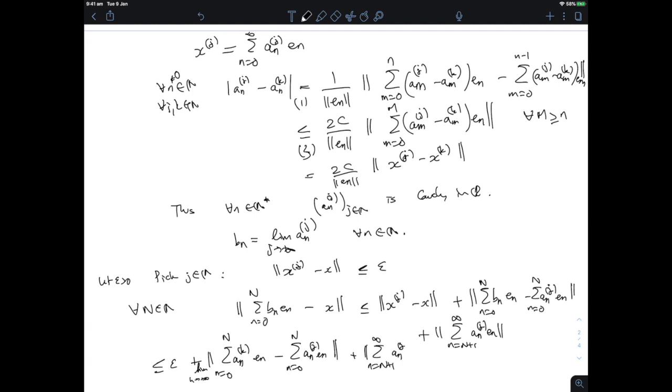Now, the point is, because I have property 3, I can say that this is smaller than epsilon plus the limit as k goes to infinity of c times the norm of xk minus xj, and then plus the rest again.